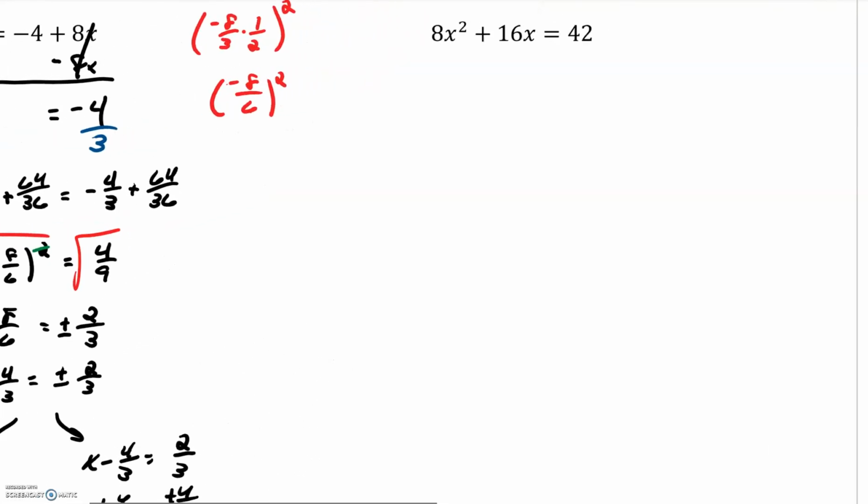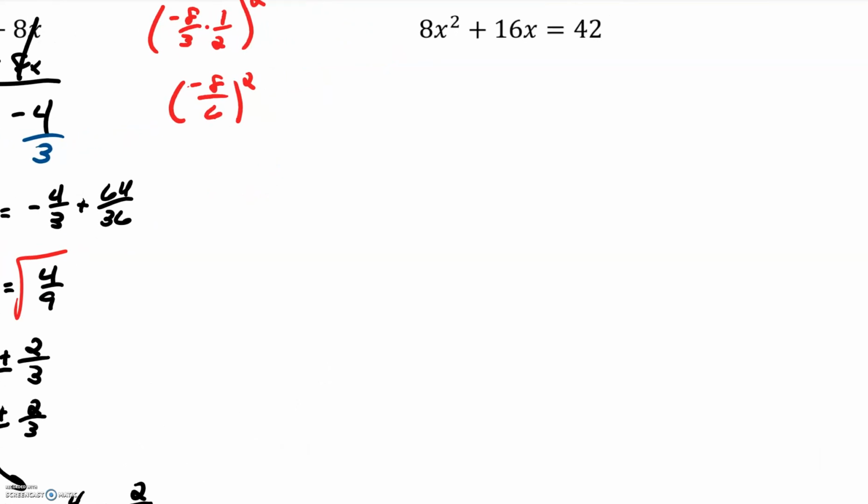This next one, we're going to do the exact same thing. I already have all the x's on the left and the numbers on the right, so I'm going to start by getting rid of this 8 in front by dividing every single term by 8.